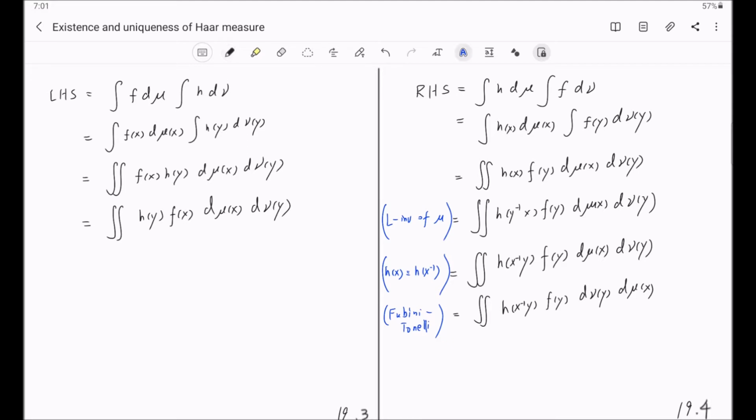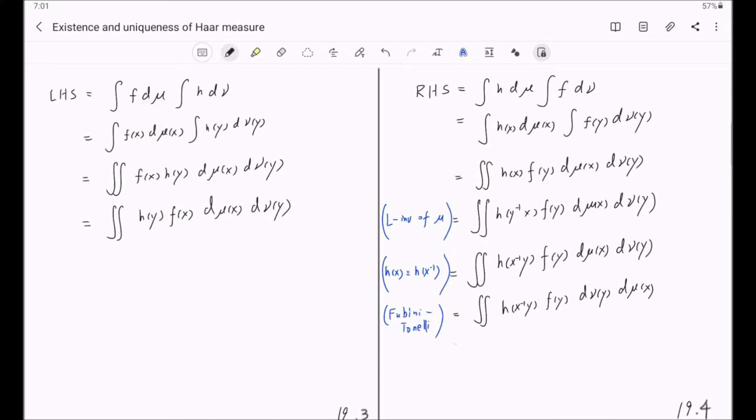Next, we're going to make a small change to this part. We want to simplify the argument for h and make the argument for f more complicated, because as I mentioned to you earlier, we want to make this part be equal to h of y so that we can compare left-hand side and right-hand side.